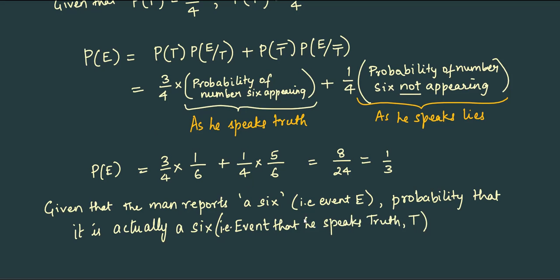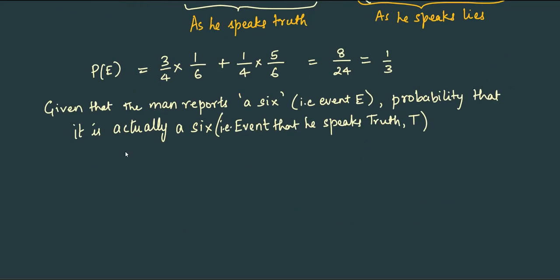So the event is T. So what is the probability that he is speaking truth given that he has reported a 6? This is the inverse probability we want.